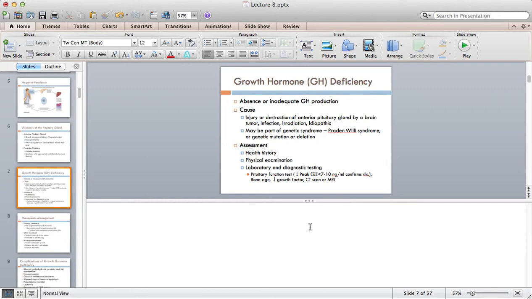All right. So you do your physical, you do your health history. What things can you ask to elicit, when the child is not growing well? What information would you like to ask of the mother or the caregiver?